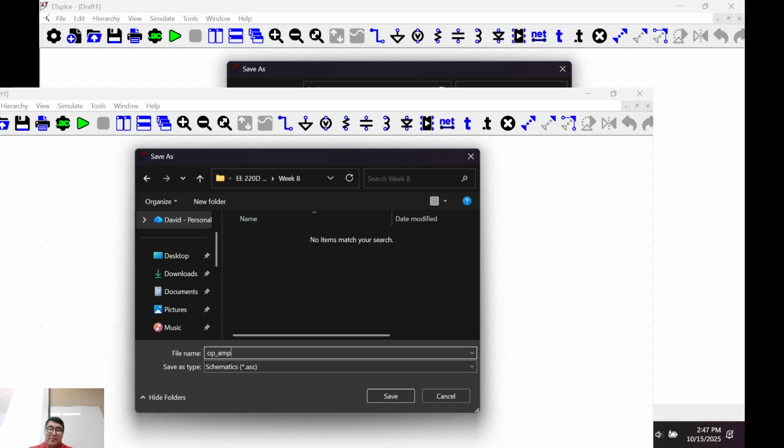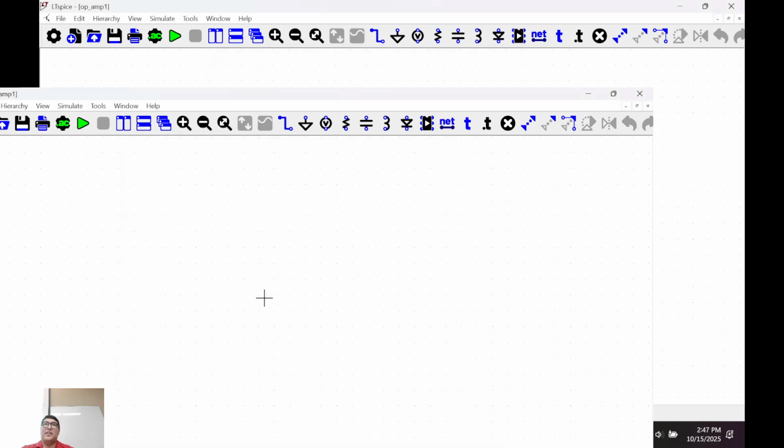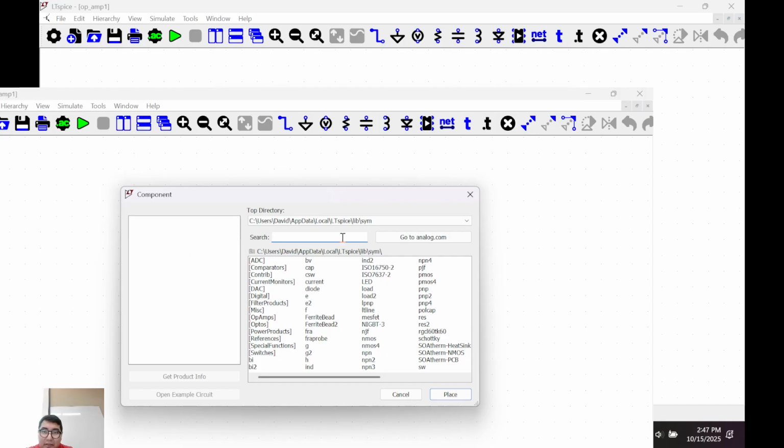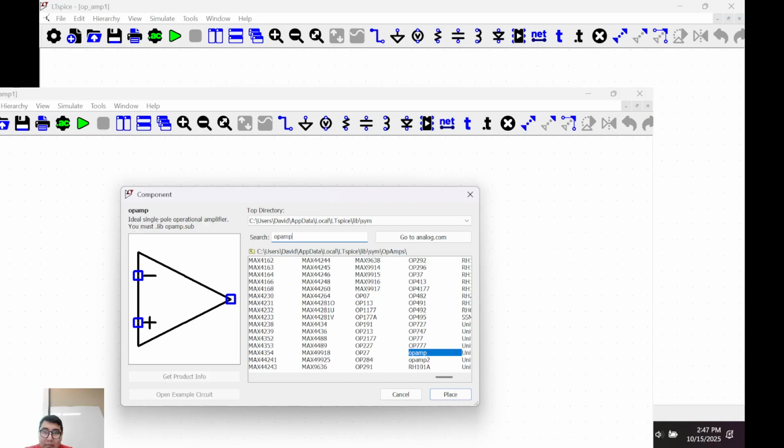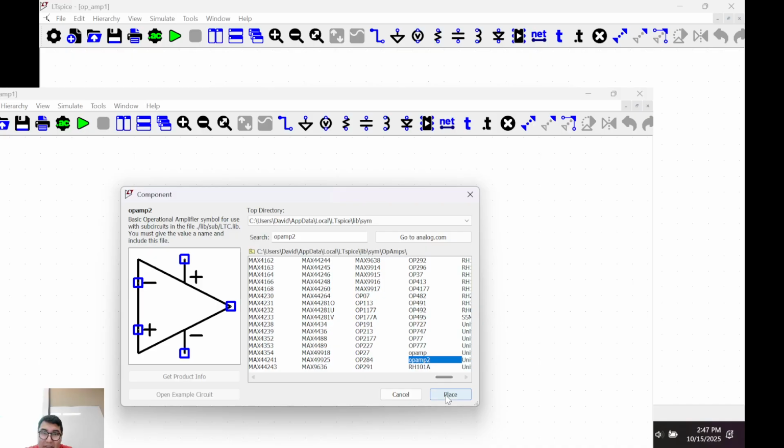Op amp 1. All right, so I'm going to show you a model that we can use. Let me create an op amp. Let's use this one. Op amp 1, op amp 2. I'm going to use op amp 2.